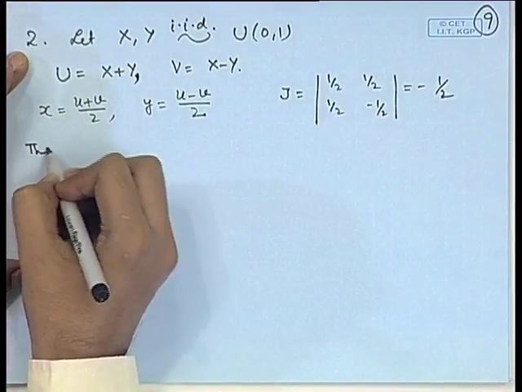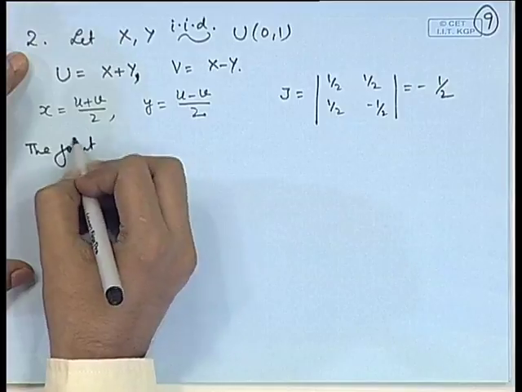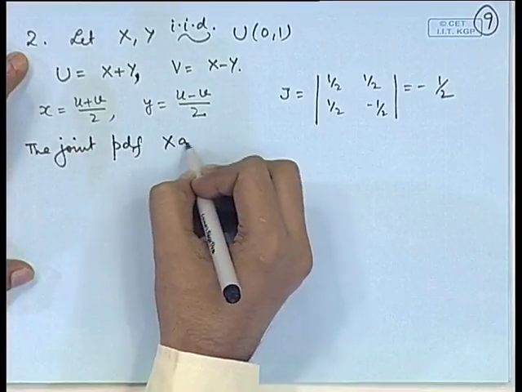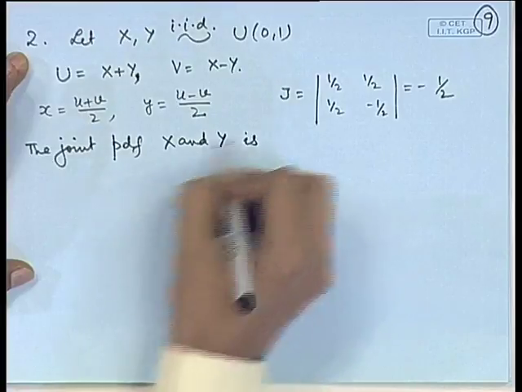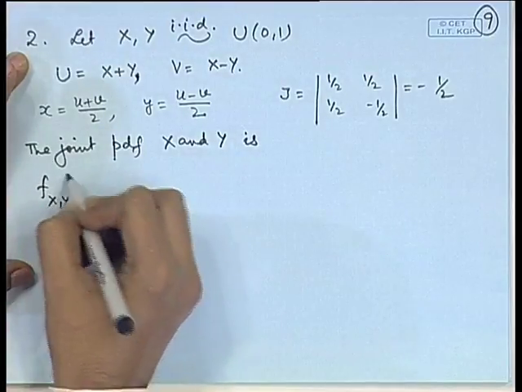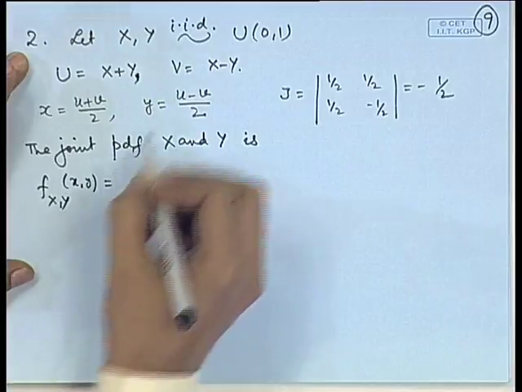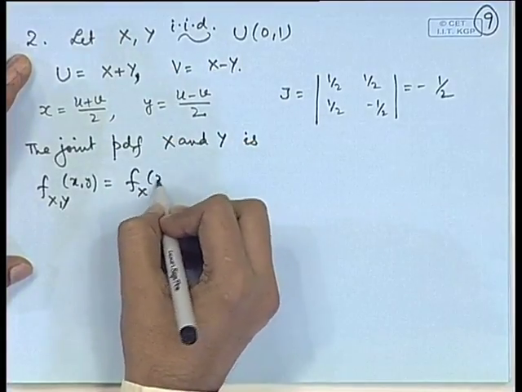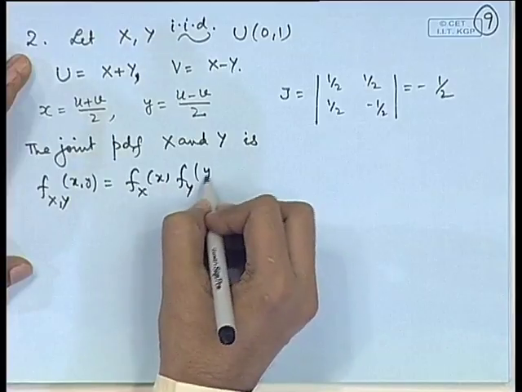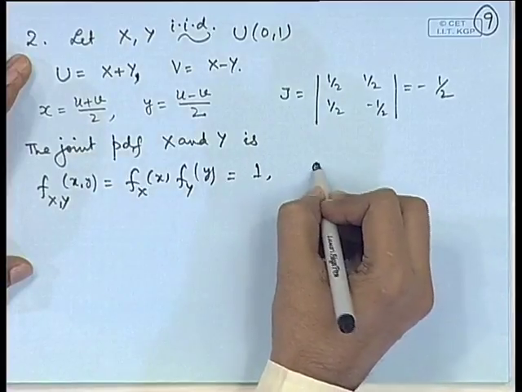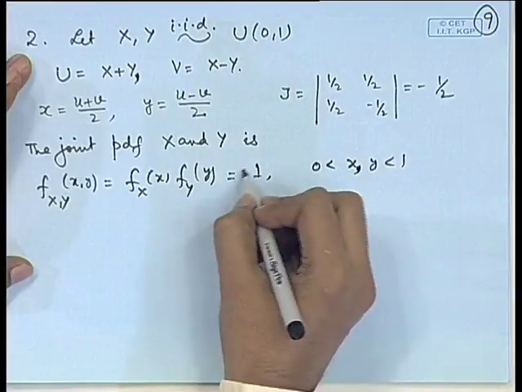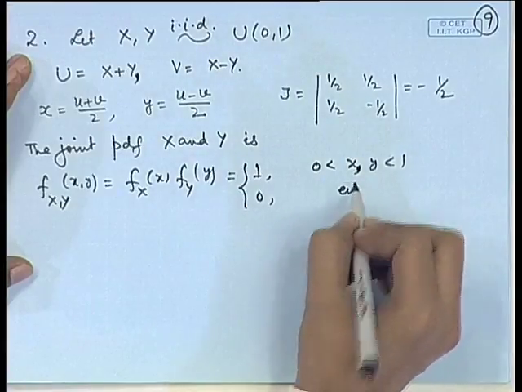So, the joint PDF of, say, x and y, that is f x y, it is the product of the individual distributions of x and y, both are uniform 0 1. So, it is simply 1 for 0 less than x, y less than 1 and 0 elsewhere.